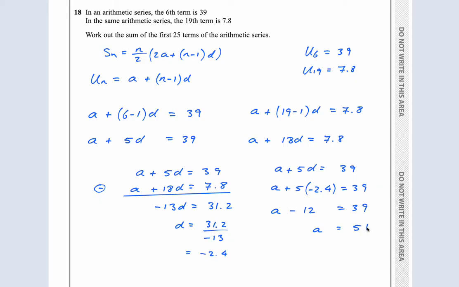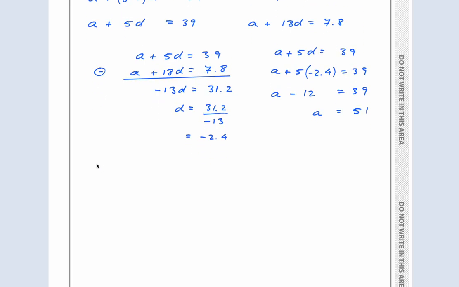Okay, now I have, and obviously guys, this is a hard question as well, but now I have the first term, and I have the common difference, negative 2.4. So I can use this formula. S of n is equal to n over 2 times (2a plus (n minus 1)d).